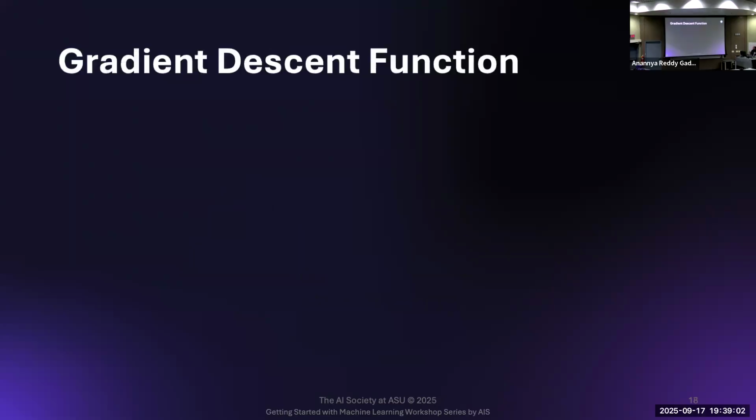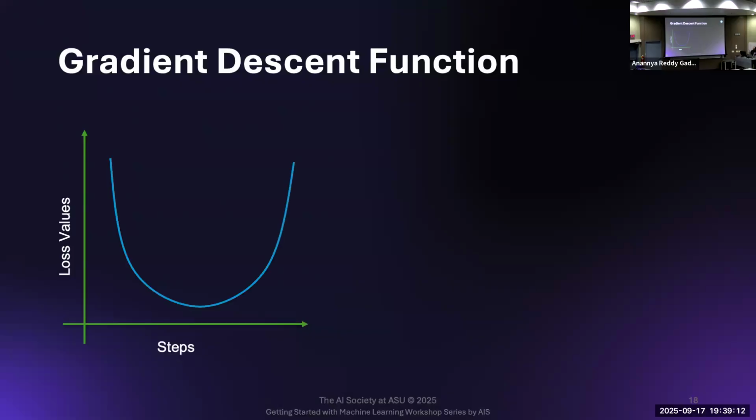We'll be seeing the function of this. Now let's take our x-axis as steps and y as loss value. And this is the slope. Now you see a ball right there. We'll see a visual representation first.